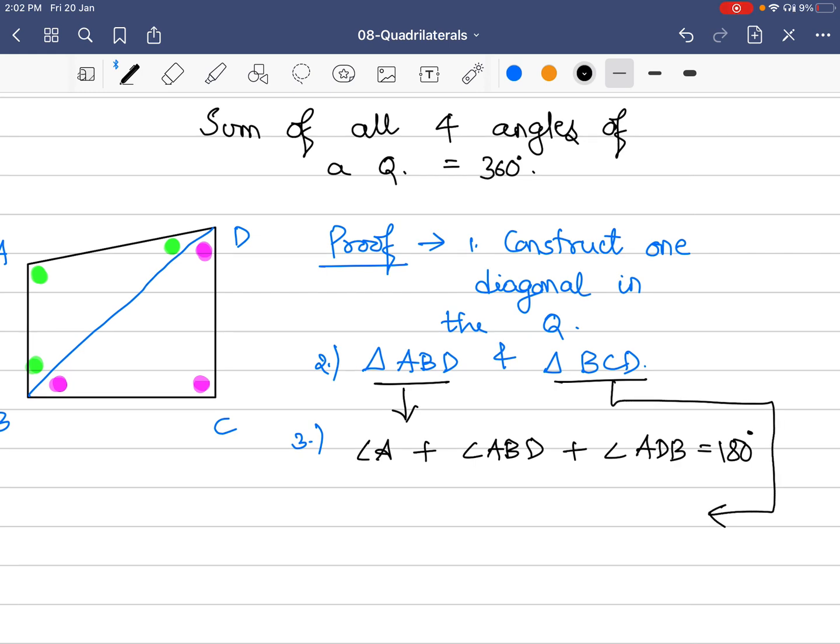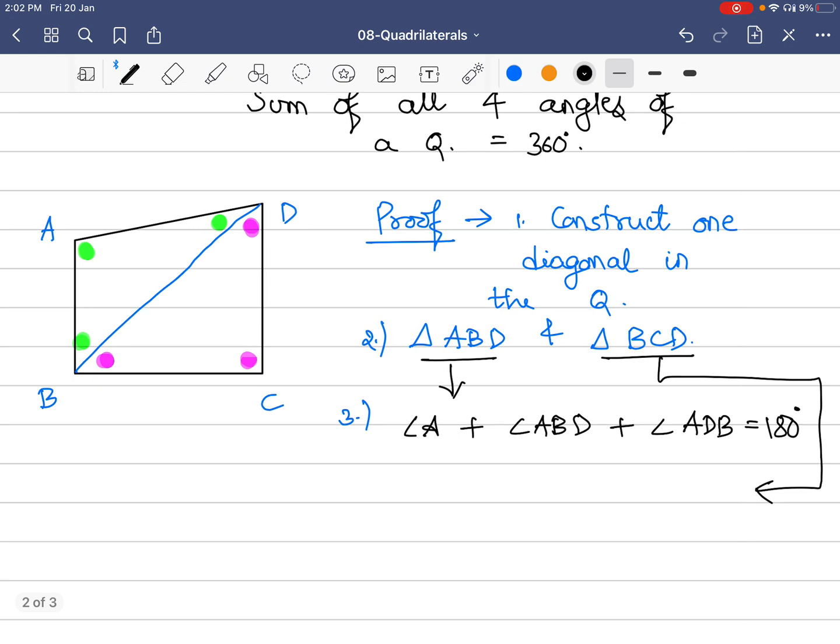For triangle BCD, I want to have angle C. So angle C is separate and independent. So I'm just writing angle C plus angle DBC plus angle CDB is equal to 180 degrees.